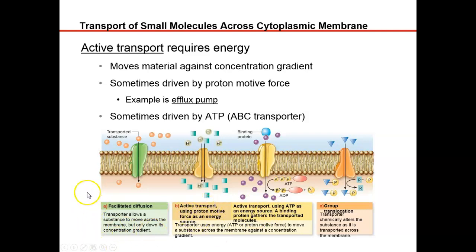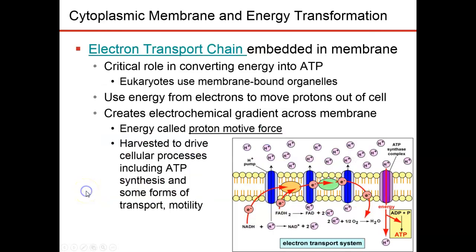When I talk about proton motive force, we're talking about the electron transport chain. So hydrogen ions moving from one side of a membrane to another side of a membrane, utilizing the energy of electrons to allow them to pass back across.